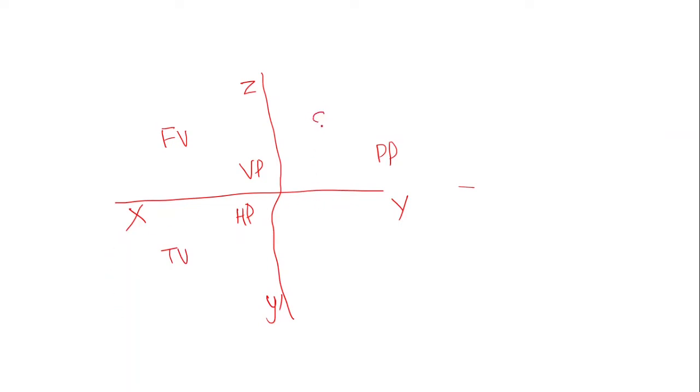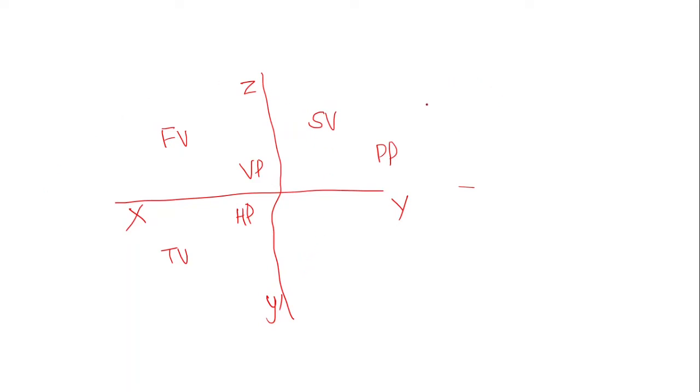And the view pattern is like this. This is the XY axis, and this is the ZY dash axis, and HP is this plane, VP is this plane, and PP is this plane. So front view is always at this space above the XY line, and top view is always below the XY line, and this is the space for side view. This is the representation of first angle projection.